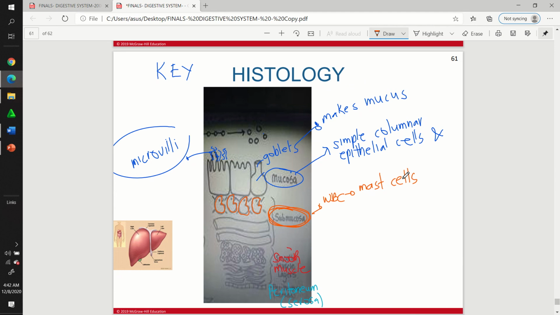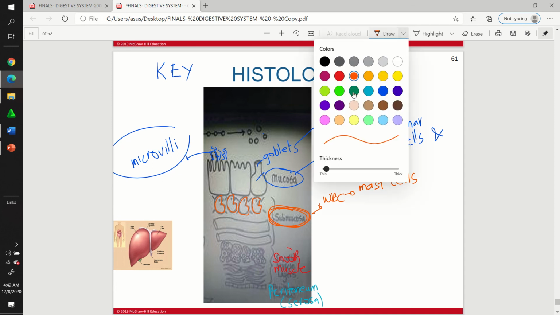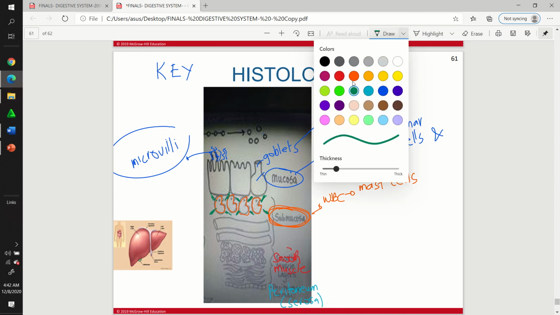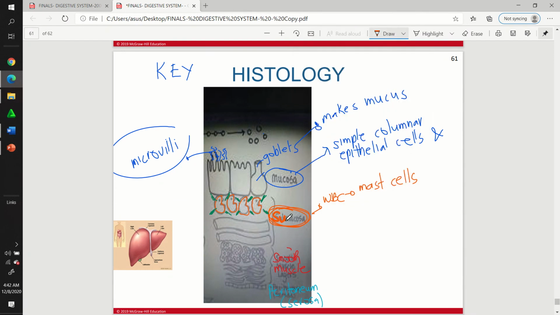It is full of WBC to capture pathogens and fight them back, and a lot of connective tissue holding them together. Ayan, yung kulay green, that green color represents your connective tissue. That orange color represents your WBC. That is your submucosa.